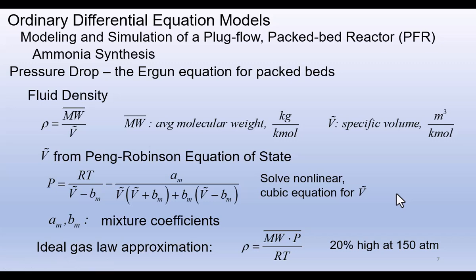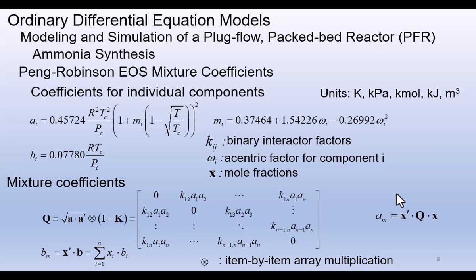So let's talk a little bit about these mixture coefficients. You may have seen the expressions before for the individual components based on critical temperature and pressure, and this factor for component i based on the acentric factor, which comes into the expression here. These A and B give individual coefficients, and then we need to know how to come up with our mixture coefficients.